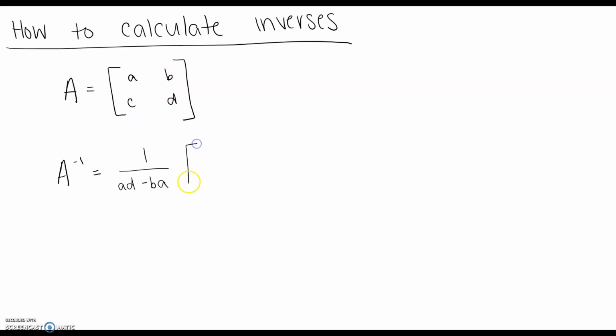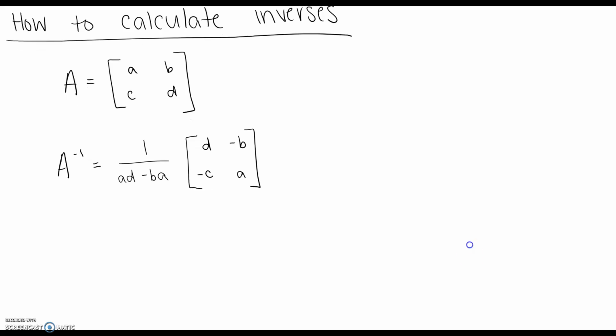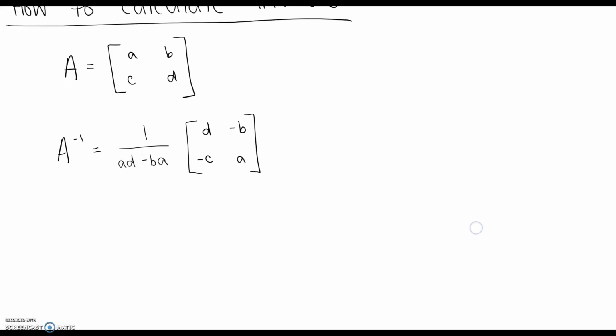And we're going to multiply that by, now it's not matrix A, it's a new version, so it's D, negative B, negative C, A. So the first diagonal is going to switch places, the other diagonal is just going to become the opposite sign. So there's a reason for all of this, but for now we're just going to memorize the steps. There are definitely videos out there that help you.